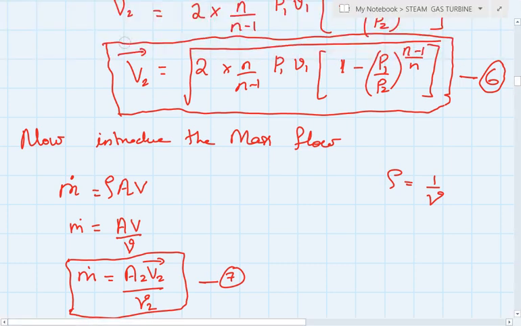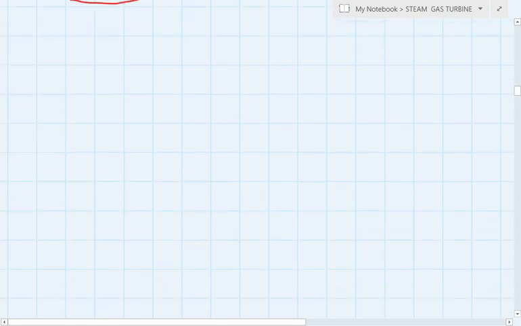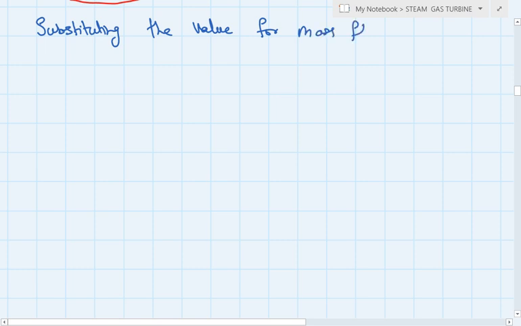Now moving forward, substituting the value for the mass flow in equation, which equation?